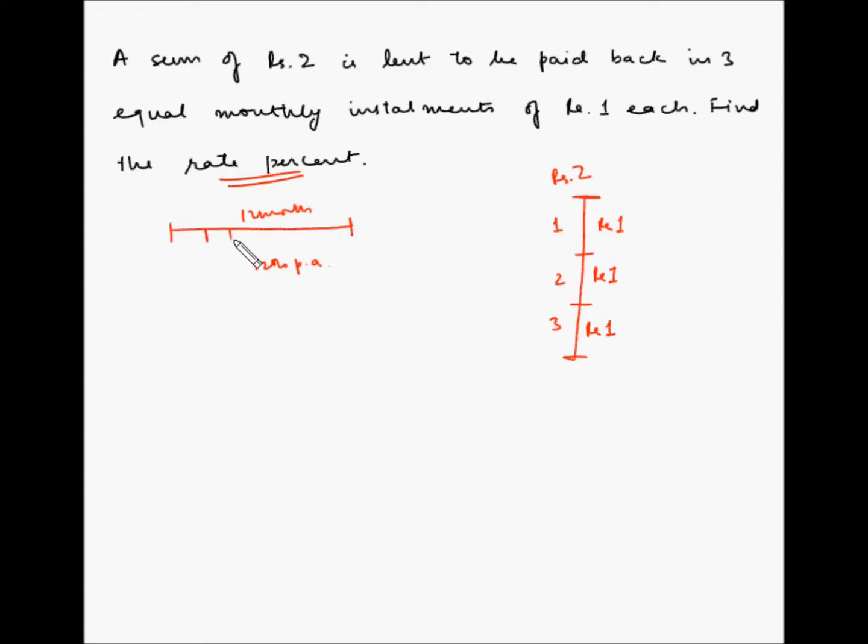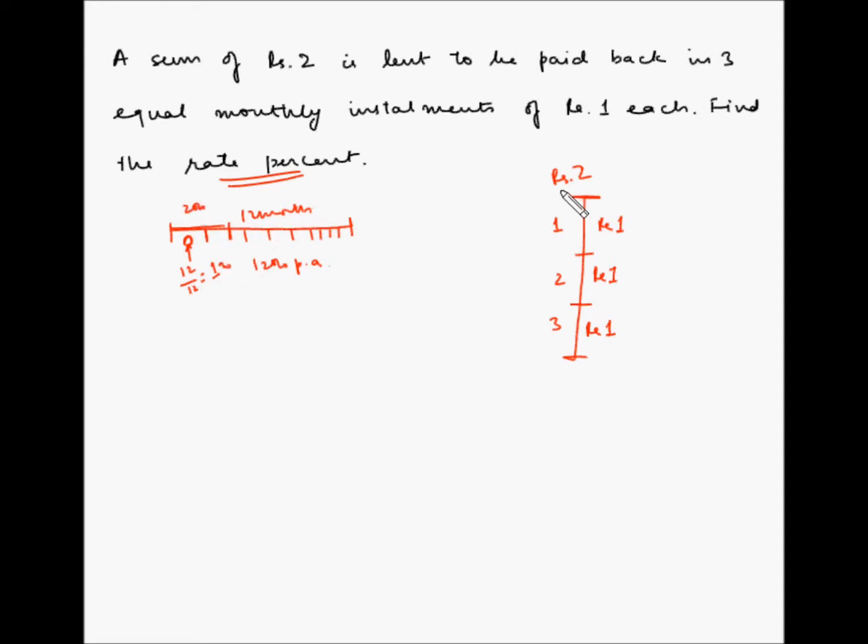So we have to divide this period in equal parts, and then one part will be the interest for 1 month. So this interest for 1 month will be 12 divided by 12, which is 1%. Similarly, for 2 months, the interest will be 2%, and so on.